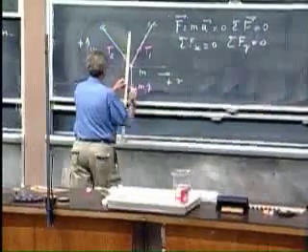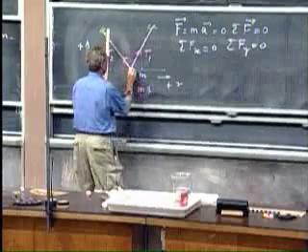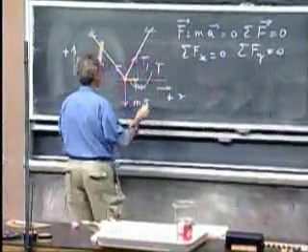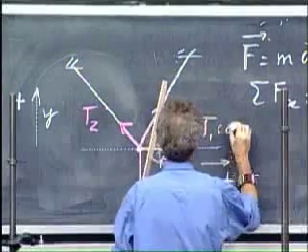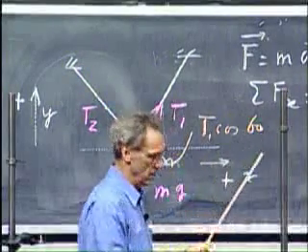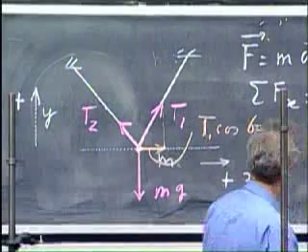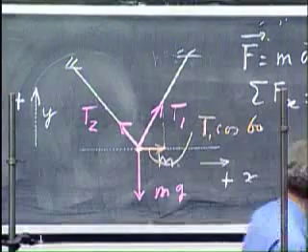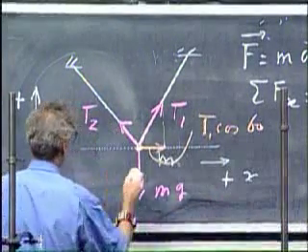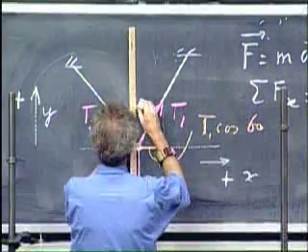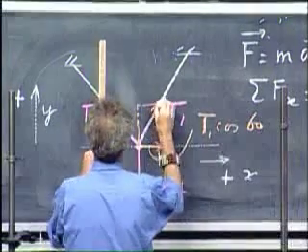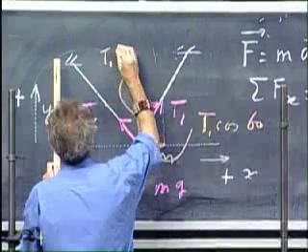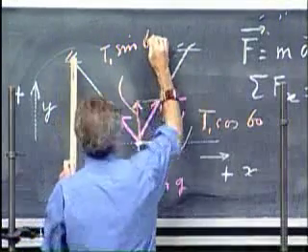So, here comes the x component of T1, and its magnitude is T1 times the cosine of 60 degrees. Now, I want to know what this one is. This one is T1 times the sine of 60 degrees.